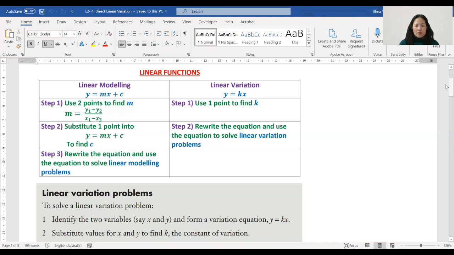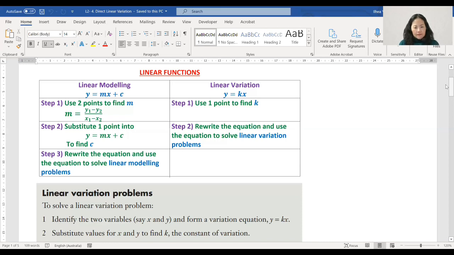That's a very important factor for gradient, because gradient is rise over run, which means rise is the change in y and run is the change in x. So when we find a change, we do a takeaway, and we have to do that with the first point and second point. That's why it's important.